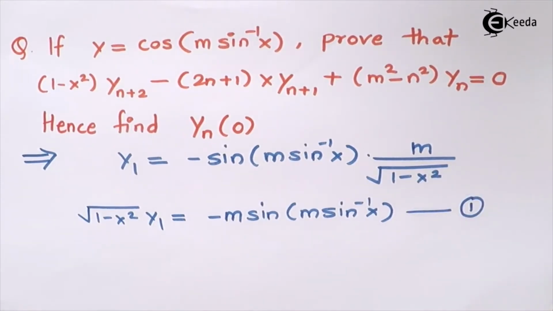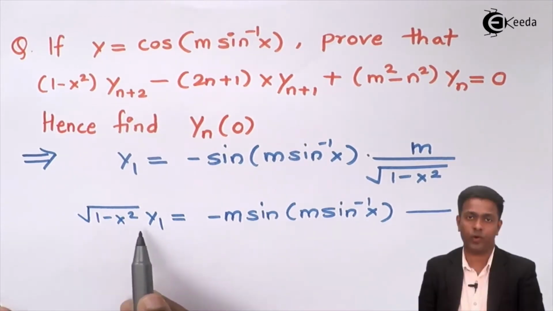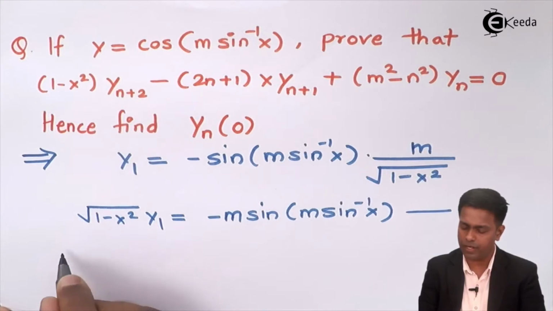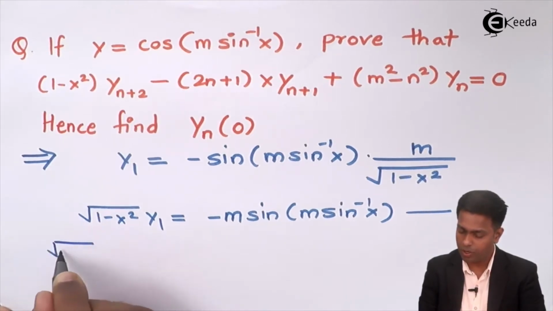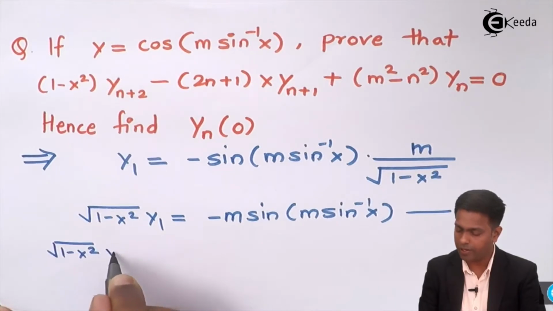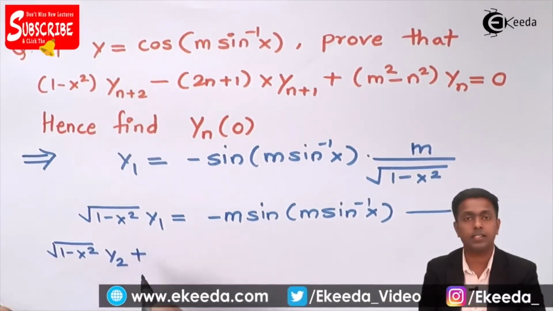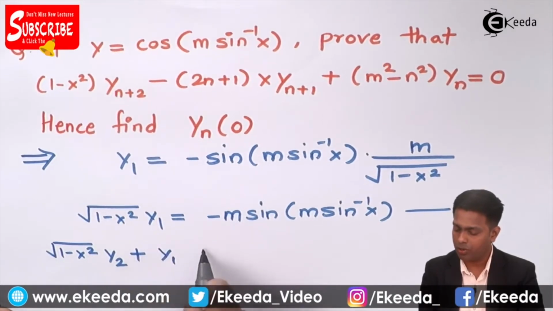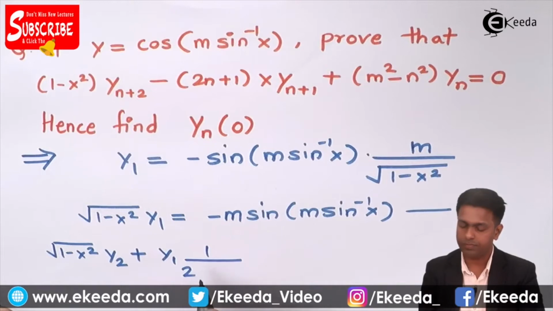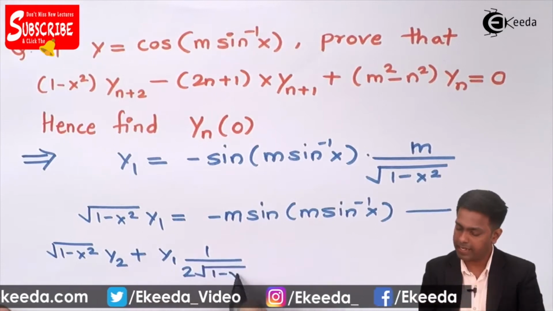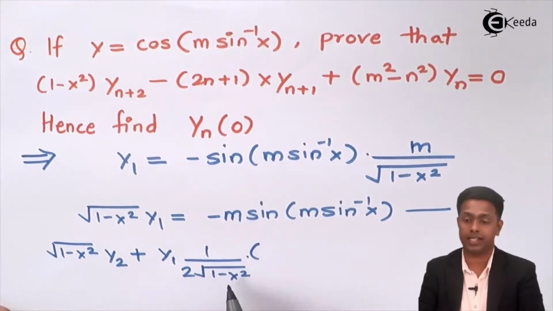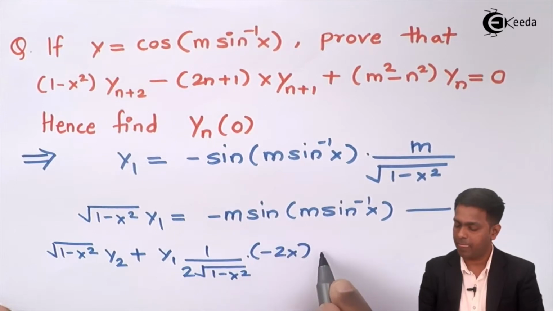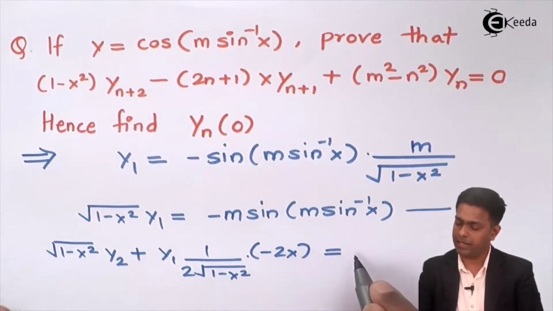Now we'll find out the second derivative from here, so that we'll get y2. So guys, here to get the second derivative we have to apply the UV rule. So by the UV rule we will get this under root 1 minus x square as it is, y1 will give you y2, plus y1 as it is, and this will give us 1 upon 2, that is, the derivative of root x is 1 upon 2 root x, so 2 root 1 minus x square into the derivative of 1 minus x square, that is minus 2x, equal to this minus m as it is.